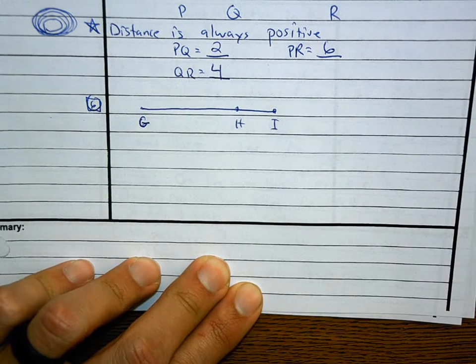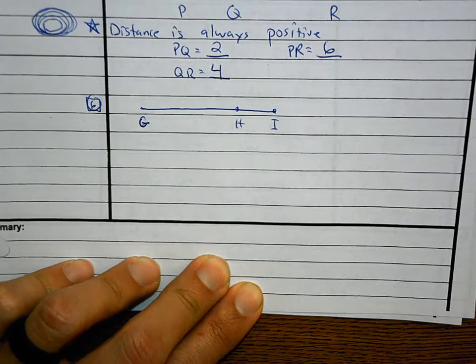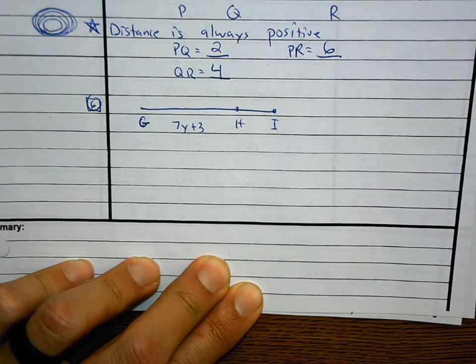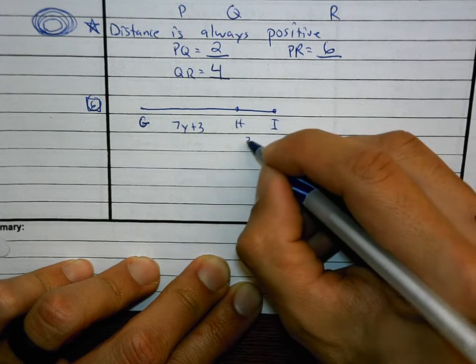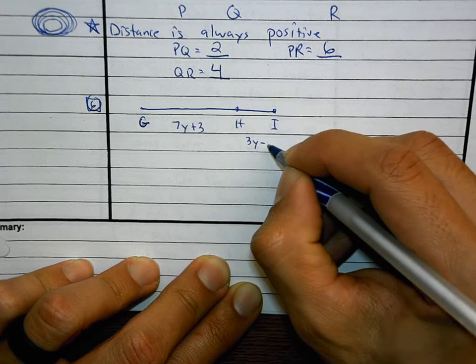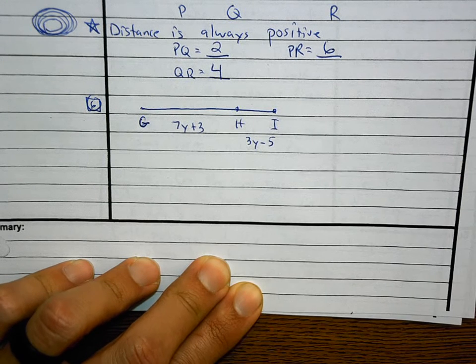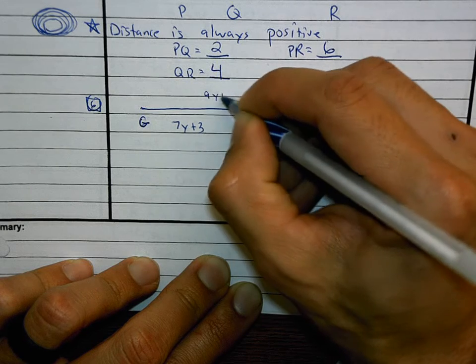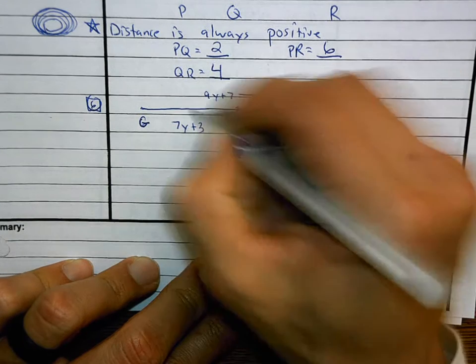And it will say GH is 7y plus 3. It'll say HI is 3y minus 5. And it'll say GI is 9y plus 7. 9y plus 7 is this distance.